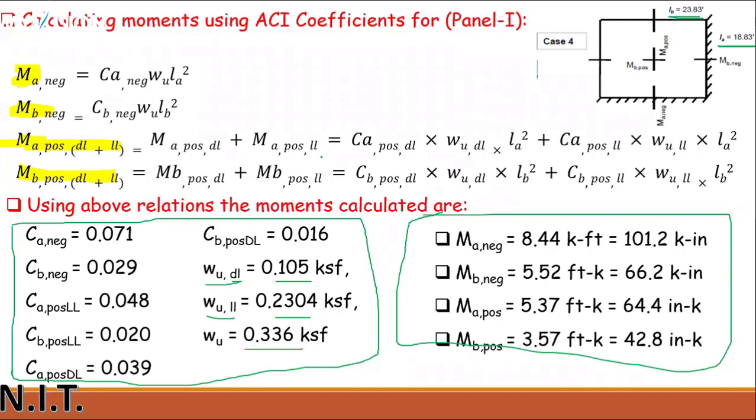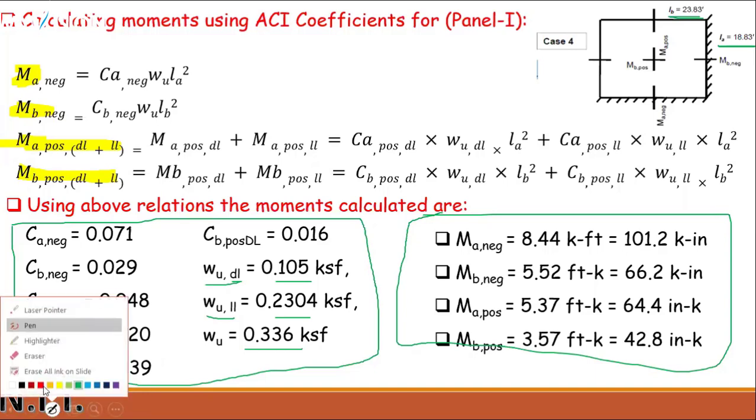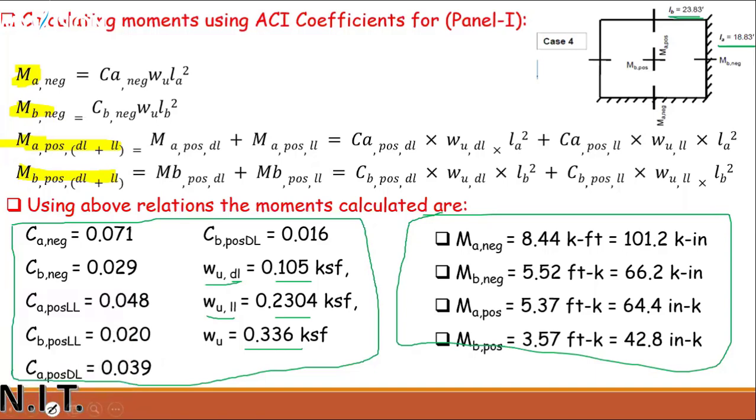So when you have these values, CA negative, CB negative, CA positive dead load, CB positive, all these coefficients, and W dead load, W live load and total WU, put these values in these four formulas, and you will get the moment values.